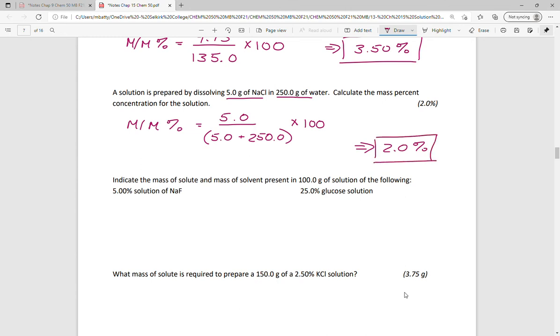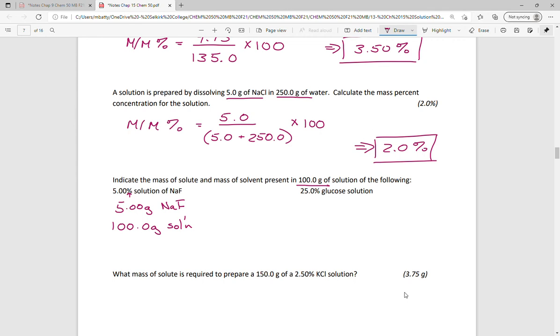So in these ones, that mass percent can also be useful if it's written as a unit factor. I like doing this. It's not necessary. If I were to assume a 100-gram sample, I could turn that percent into grams. So a 5% solution, if I had a 100-gram sample, means that I have 5 grams of NaF, or sodium fluoride, in 100 grams of the solution.